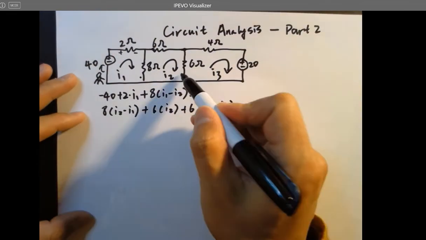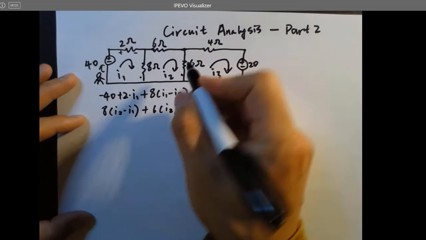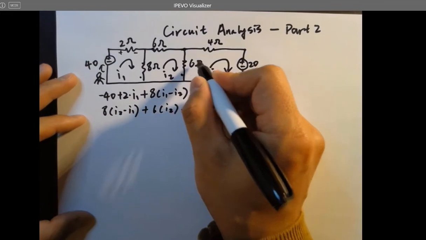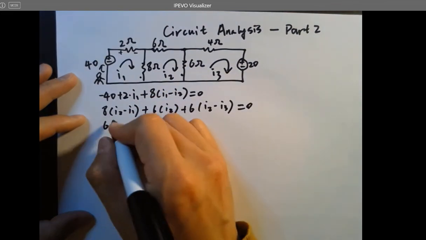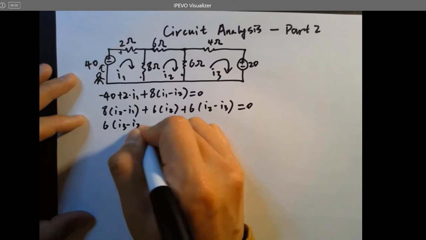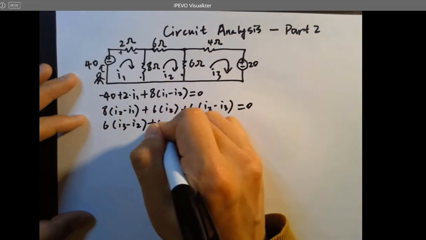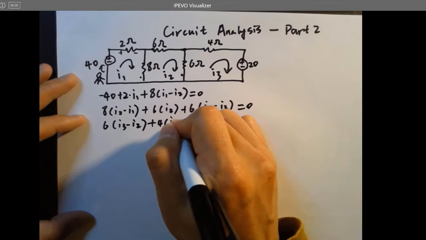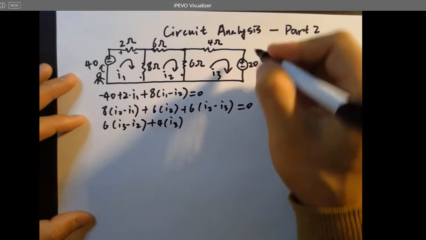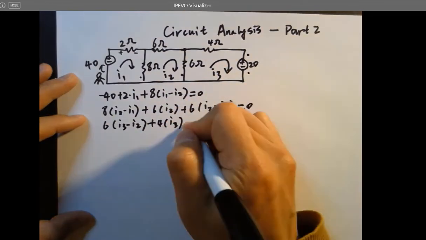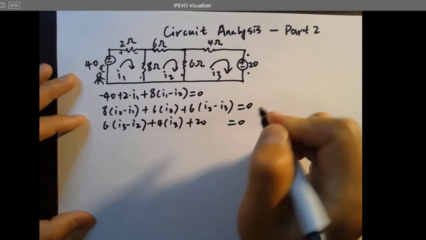Now the third mesh, still starting from here, we first see a plus sign for the 6 ohms. So it's 6 times (I3 minus I2), and then 4 ohms, which is 4 I3 directly, then plus 20 volts, equals 0.